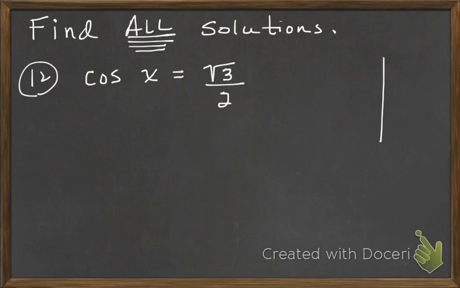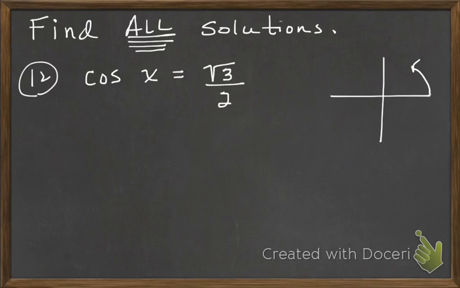What you want to do is you want to think unit circle here. You want to go from 0, okay, you want to go in this direction. You want to find the first angle that you can. There's multiple angles. There's more than one angle that has a cosine value of square root of 3 over 2. But you want to find the first one that you come to starting at 0 radians. So what angle has a cosine value of square root of 3 over 2?